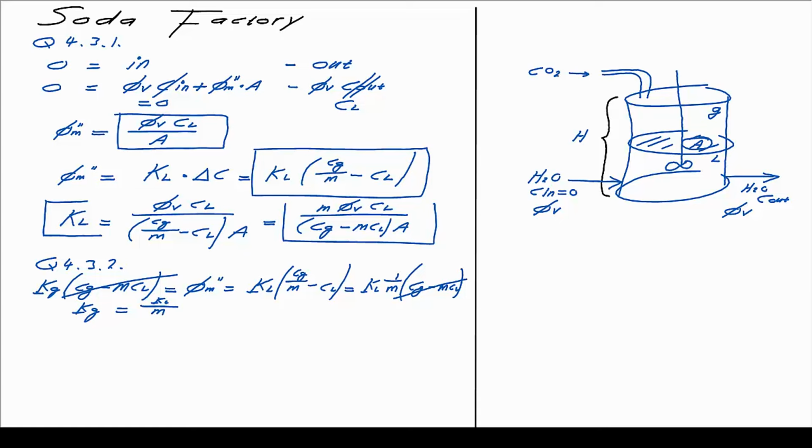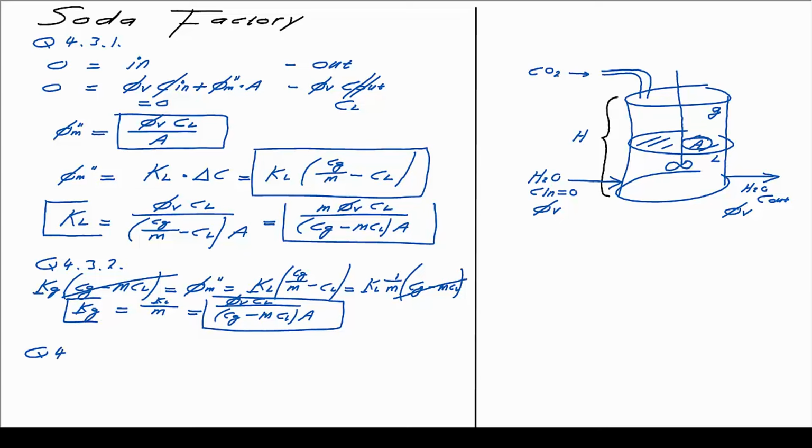And because we have capital KL from the previous question, this reads as follows: phi v times Cl divided by Cg minus mCl times A. So this is our final answer for question 432.